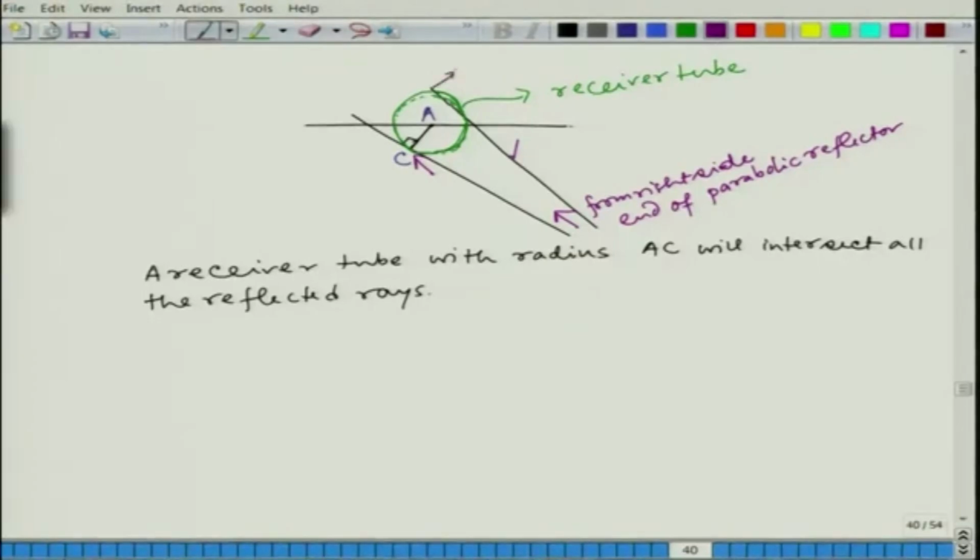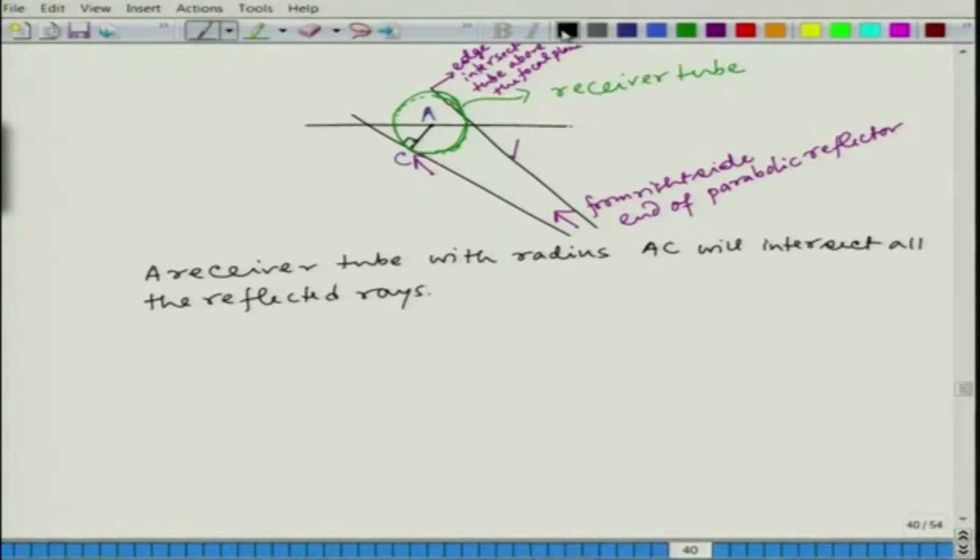So, this edge intersects the tube above the focal plane. Okay. So, that is how.